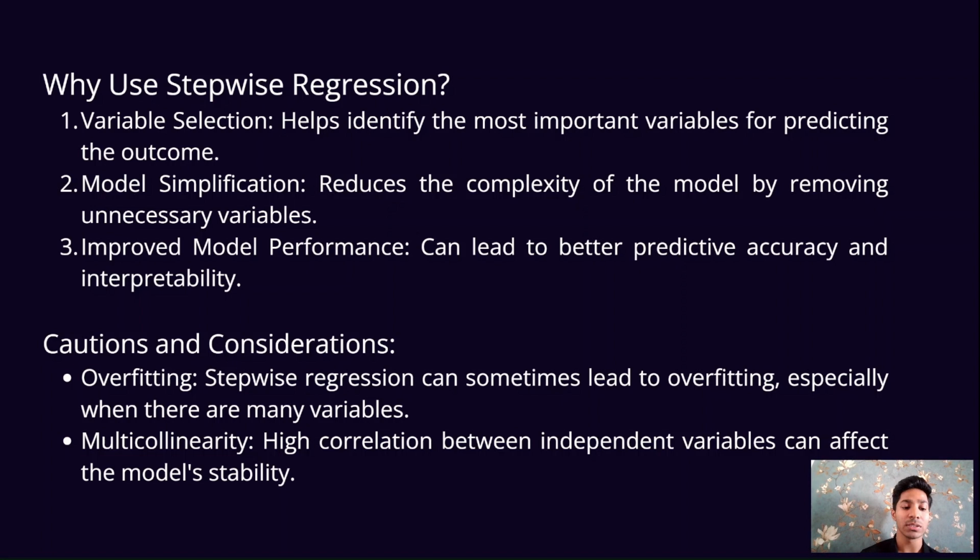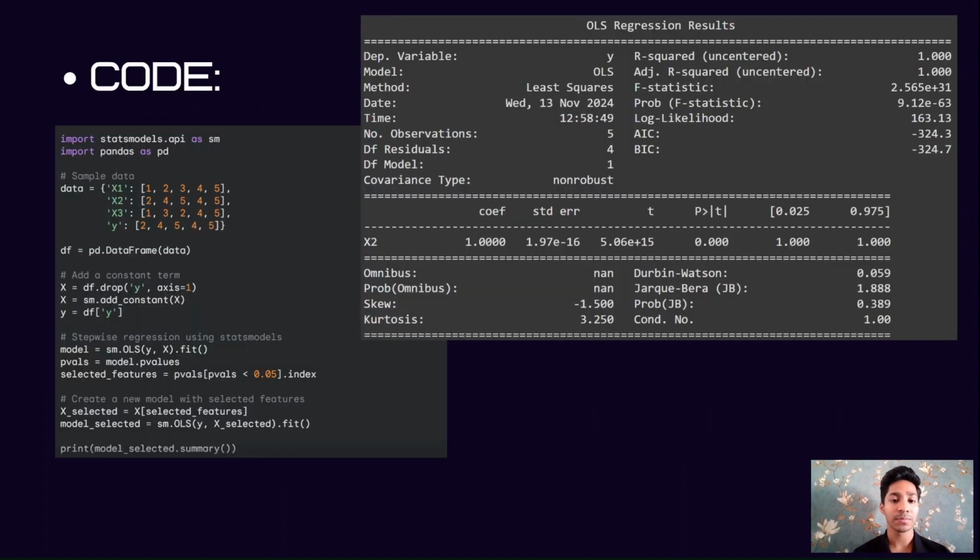There are certain cautions regarding stepwise regression. First is overfitting. Stepwise regression can sometimes lead to overfitting, especially when there are many variables. Second is multicollinearity. High correlation between independent variables can affect model stability. This was about the cautions regarding stepwise regression.